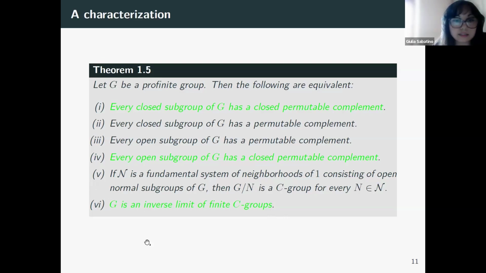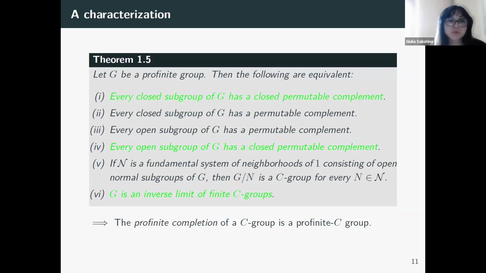This point 6 is really important. This is because if we consider the structure of C groups, we know both how C groups and how inverse limits behave. So in this way, through point 6, we were able to find how a profinite C group is structured.